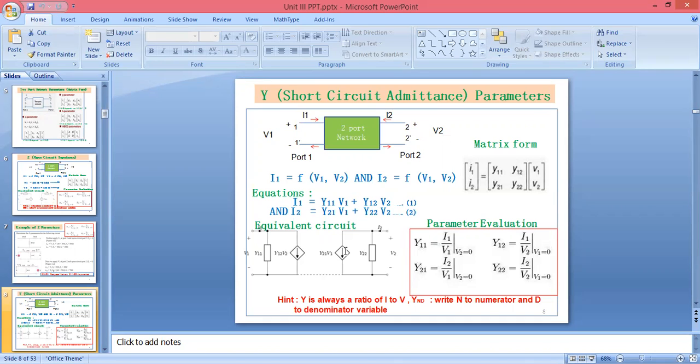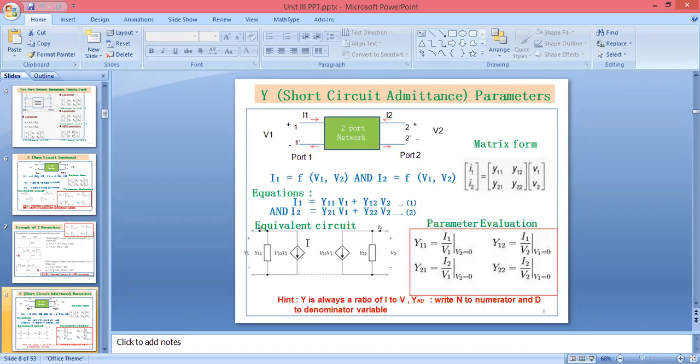For this, Y21 into V1. Here Y22, and here the voltage appearing is V2. If you write the equations, you will get them from this equivalent circuit.